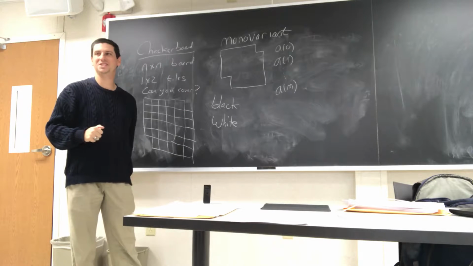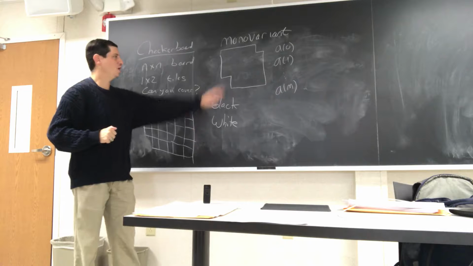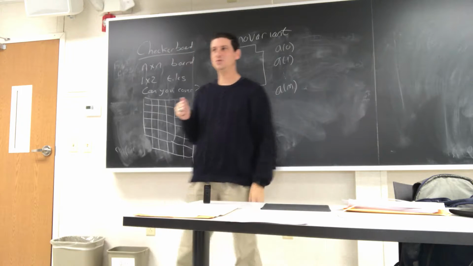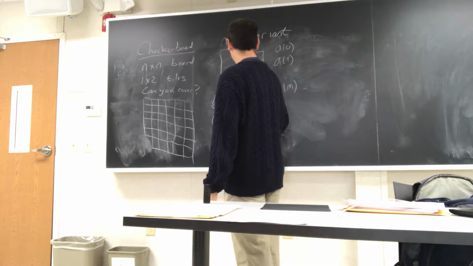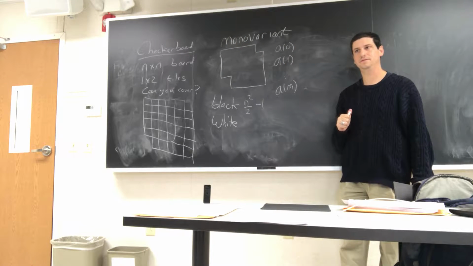How many black squares does the n by n checkerboard have when you remove the two corners? Well, either too few or too many. Right, so how many black squares do you start off with? N squared over 2. So there's n squared squares divided by 2. So you start off with n squared over 2 minus 1. And we know n is even, right?